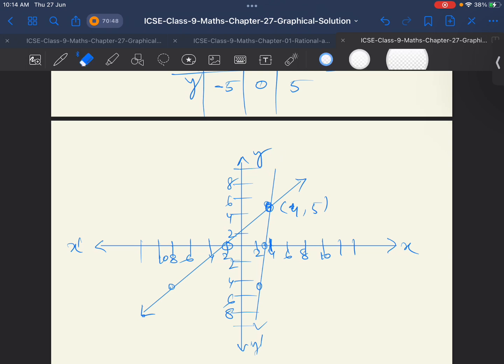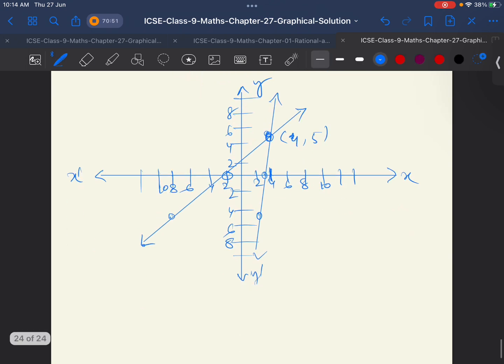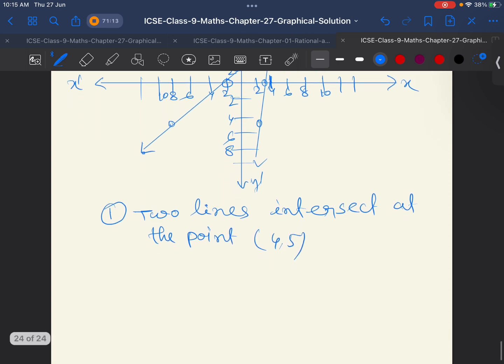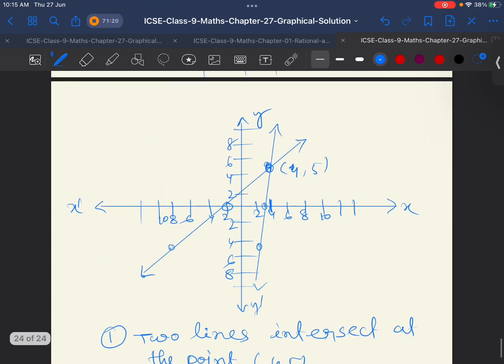Yeah, this is the 4 5 point. First question, the coordinate of the point where the two lines intersect. Two lines intersect at the point 4, 5.